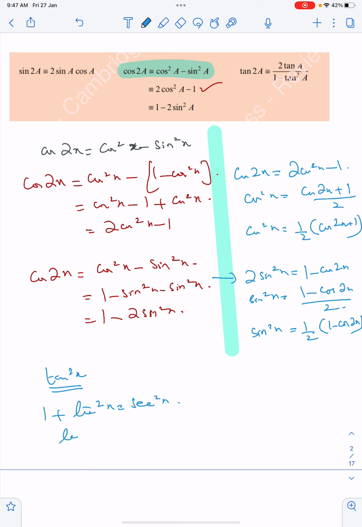So tan square x is sec square x minus 1, and we know the integration of sec square x is tan x, because the differentiation of tan x is sec square x. So to integrate tan square x, substitute sec square x minus 1, and the integration becomes tan x minus x.